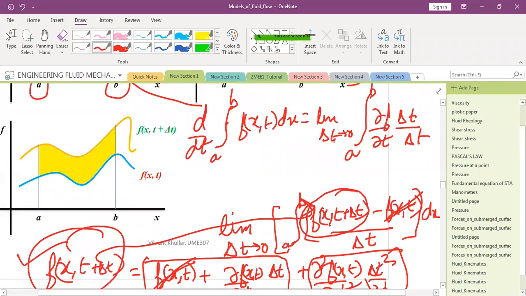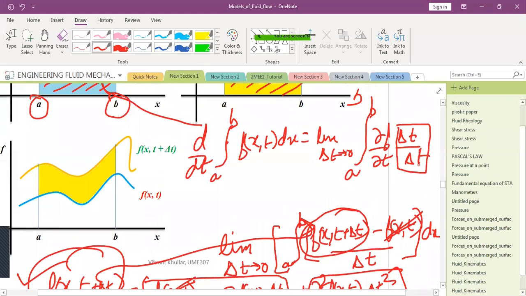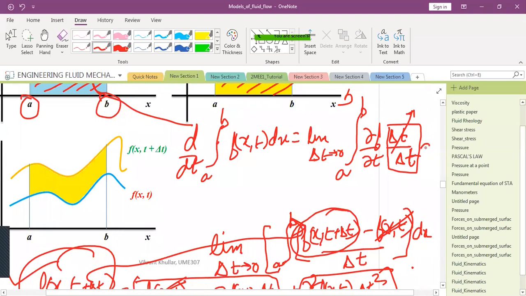So as limit delta t tends to 0, what will this fraction tend to? As delta t tends to 0, what will delta t by delta t tend to? 1.